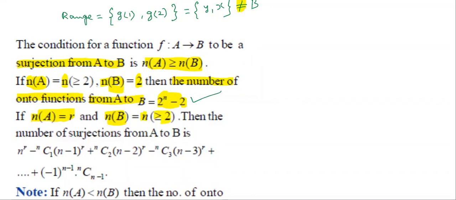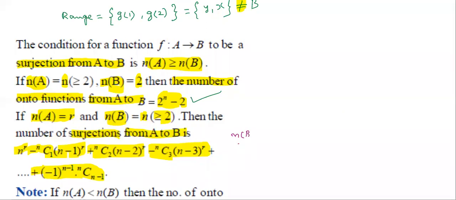Then the number of surjections from A to B is n power r minus nC1 into (n minus 1) whole power r plus nC2 into (n minus 2) whole power r minus nC3 into (n minus 3) whole power r, plus, at the last term, (minus 1) power (n minus 1) into nC(n minus 1). This is the formula.